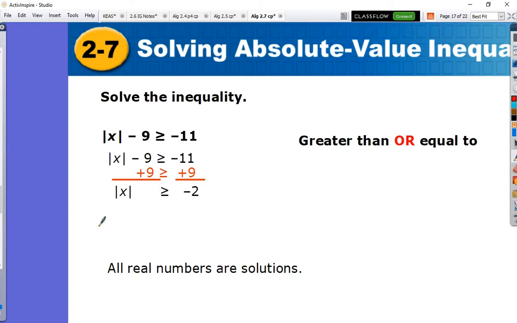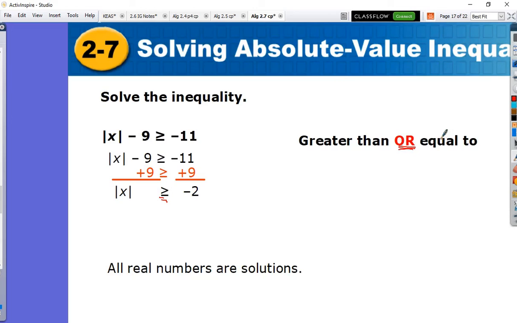And you may be thinking, well, Mr. Peterson, there's also the equal to part. The absolute value of x can never equal negative 2, so this can't be true. Well, it can be because of this. That symbol means greater than or equal to. It has to be one or the other.